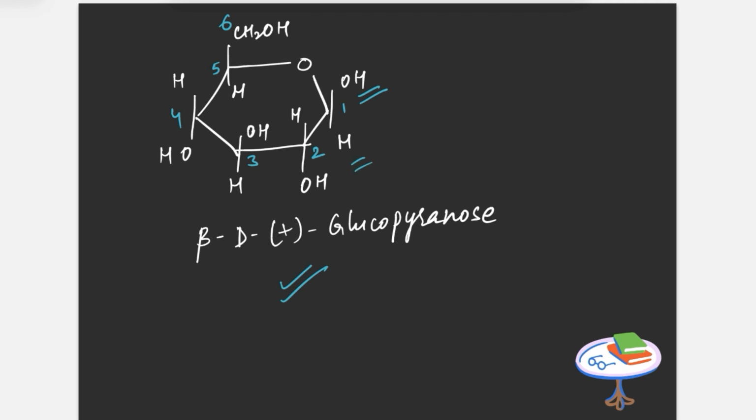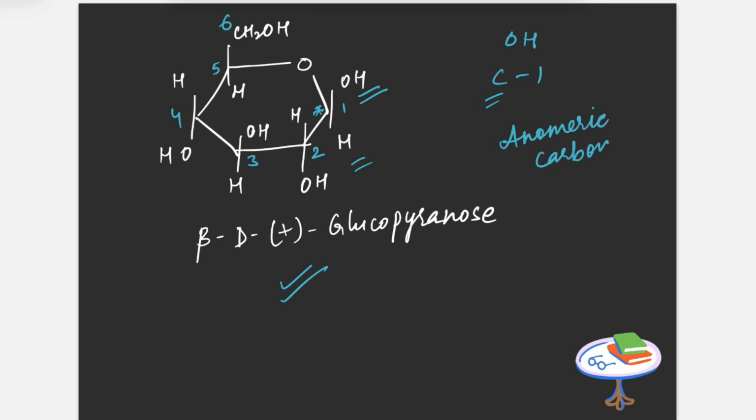This is all about the structure of glucose and the cyclic structure of glucose. The two cyclic hemiacetal forms of glucose differ only in the configuration of the OH group present on the first carbon. So, this carbon which is the first carbon is known as the anomeric carbon.